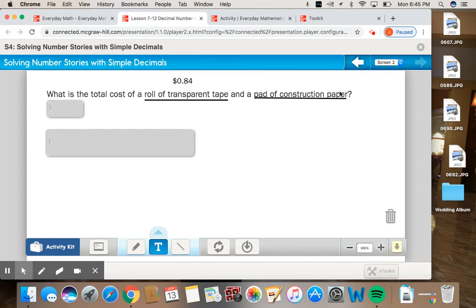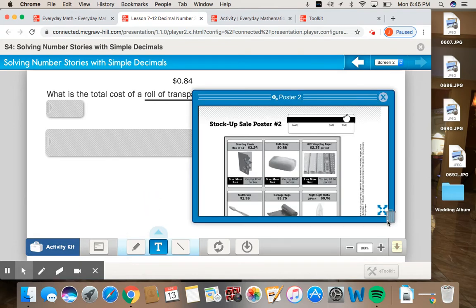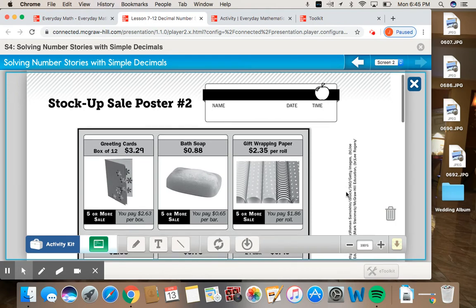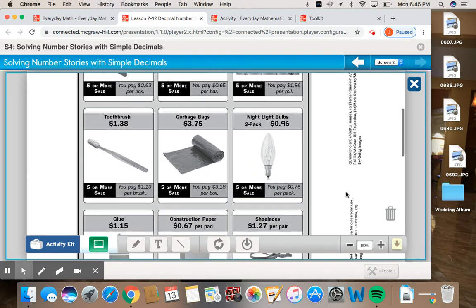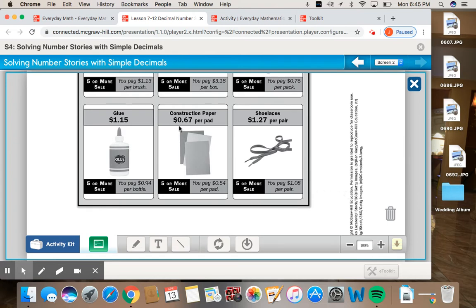And a pad of construction paper. So let's go find that. And I don't think I saw that on poster number 1. So let me see where that is on poster number 2. All right, here's our construction paper. And I just want one pad, which is 67 cents. I don't need this sale price right now. 67 cents for one pad.